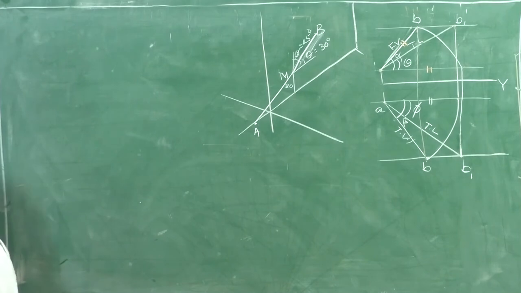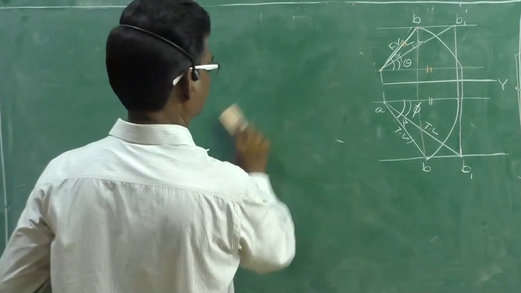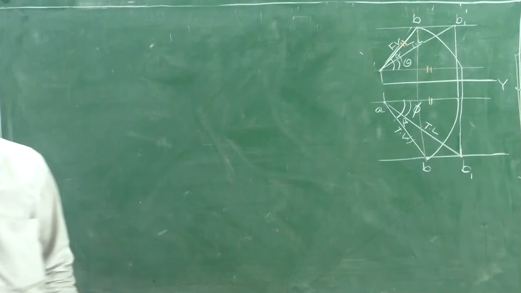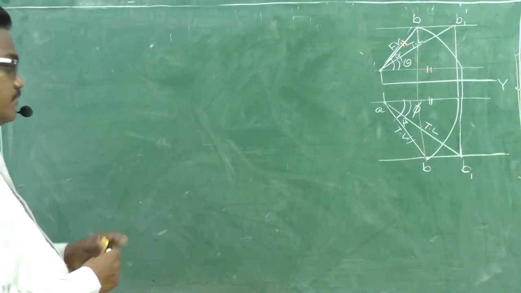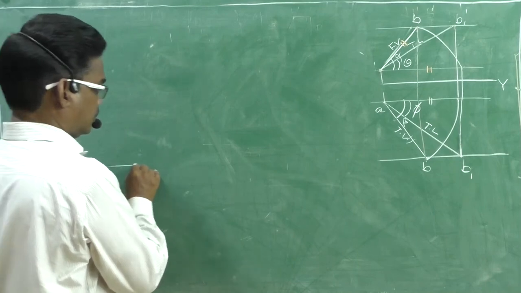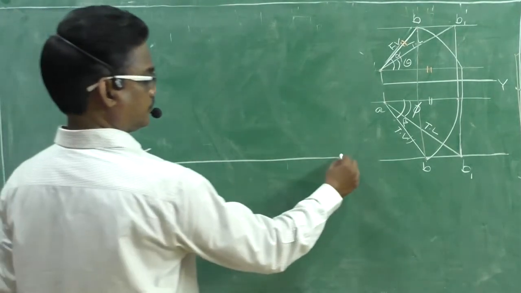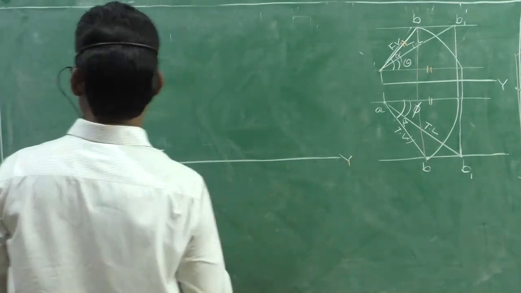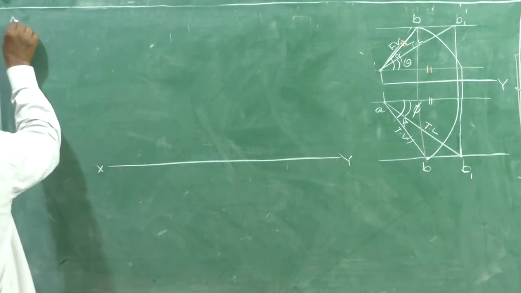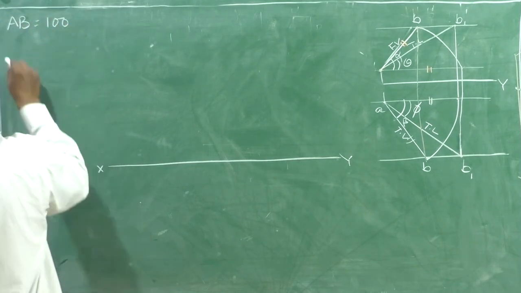Now we will draw the respective projections by considering this diagram. A systematic approach gives us very clear clarity about this problem. See, draw the reference line XY. And AB length equal to 100 mm.